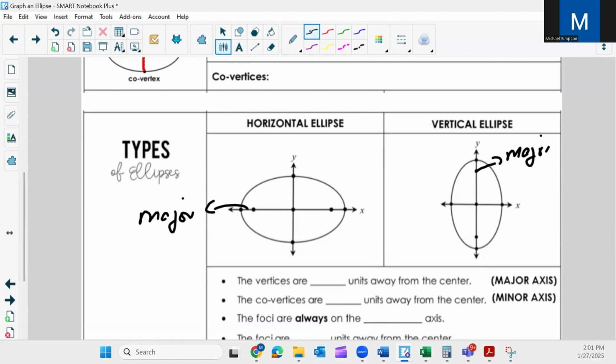The shorter axis is your minor axis. Minor axis, M-I-N-O-R, okay? So this is also your minor axis. Good?